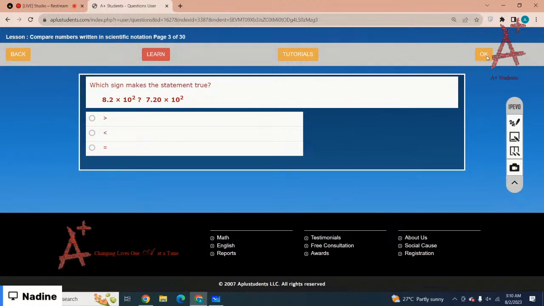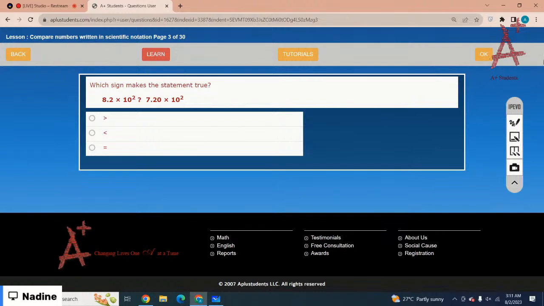Okay, the next one is, which sign makes the statement true? 8.2 times 10 exponent 2 and 7.20 times 10 exponent 2. So which is the correct option? Both the exponents are exactly equal, right?